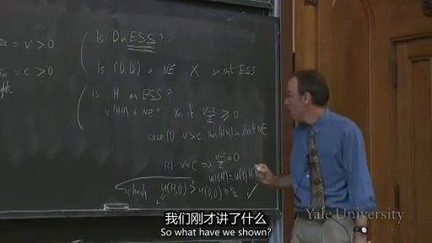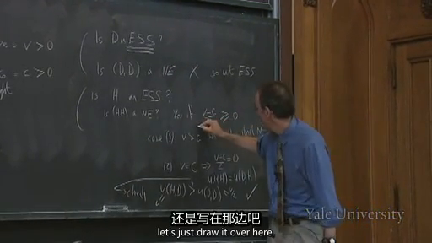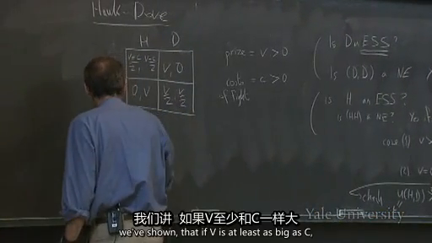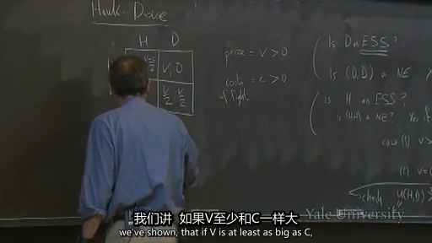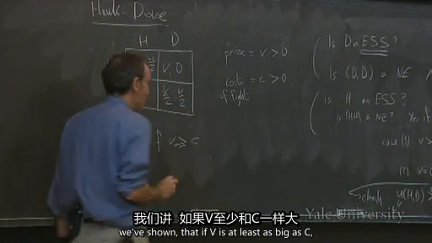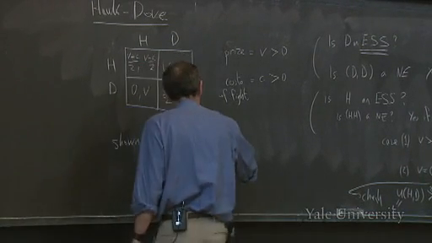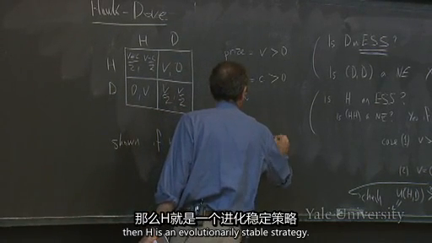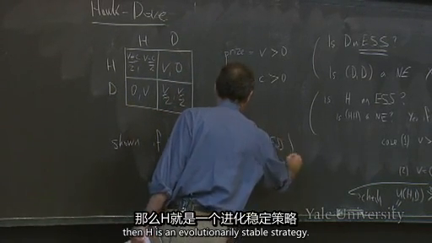So what have we shown? We've shown, let's just draw it over here, that if V is at least as big as C, then H is an evolutionarily stable strategy.